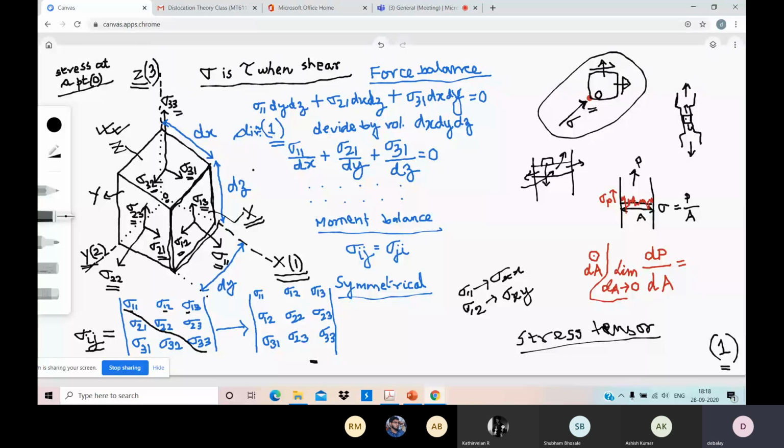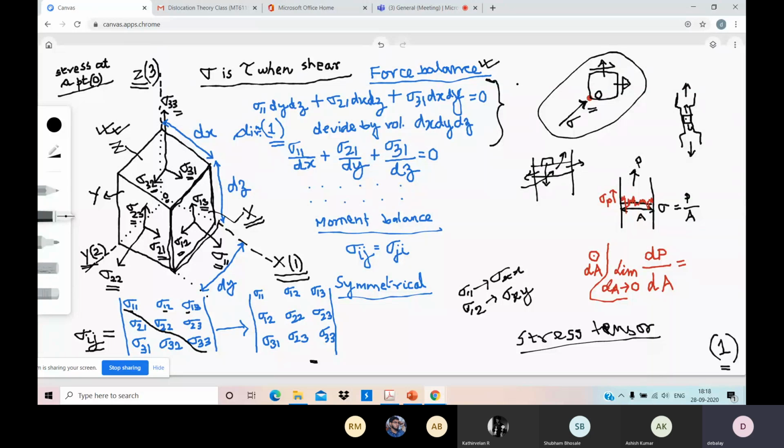Now, for a body to be under static equilibrium, two conditions need to be satisfied. What is the first condition? The first condition is that the net force in any one direction has to be zero. That is called force balance.